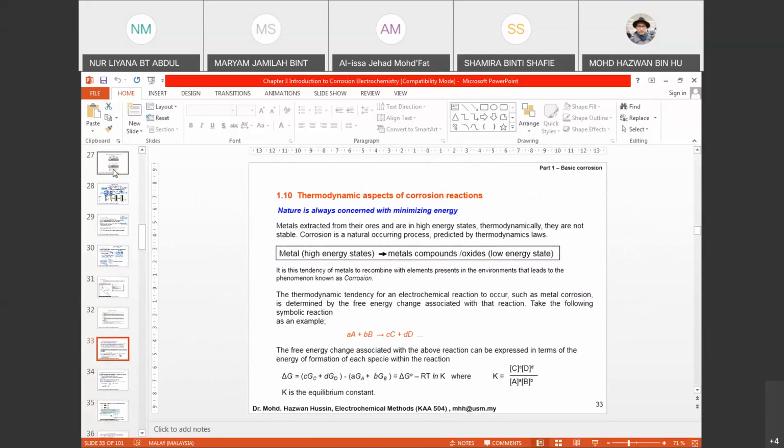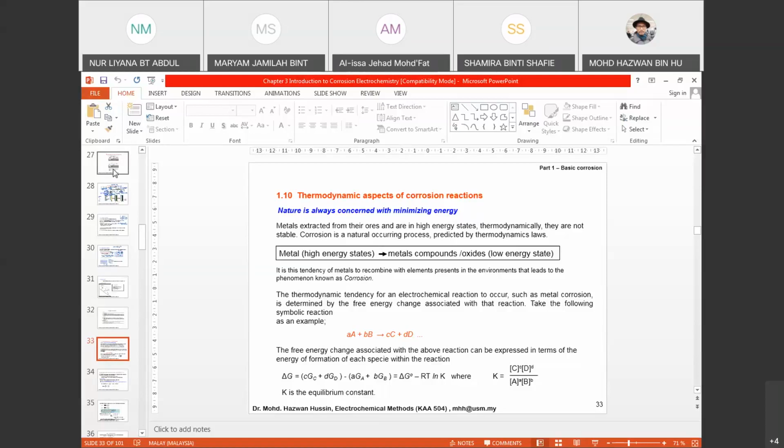Basically, nature is always concerned with minimizing the energy, and metals extracted from their ores are high in energy states, and they are not stable. As mentioned in the first 1 or 2 slides last week, metals can be obtained from extractive metallurgy, from ore or metal scrap.